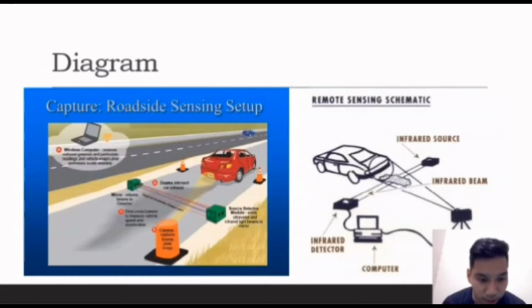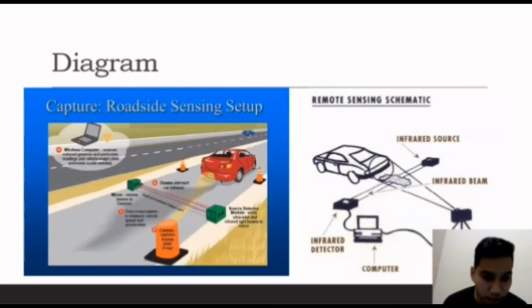We can see that after the vehicle has passed through the laser, this will measure the vehicle speed and the acceleration. After that, the beam intersects the car exhaust, and then there is a camera at the highway, so the camera will capture the license plate image.